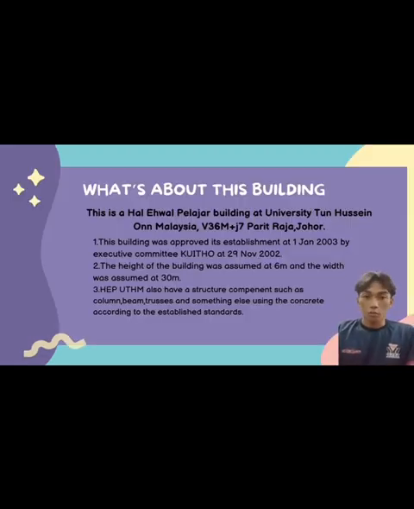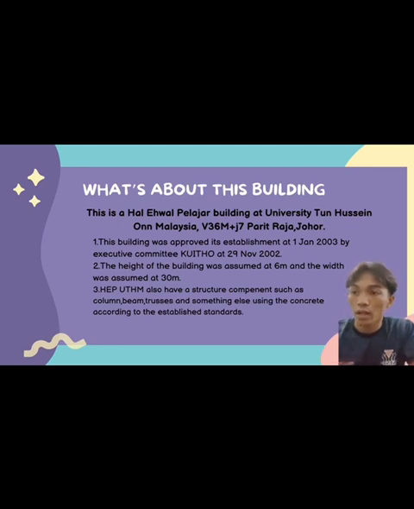So what's about this building? This is the Hal Ehwal building at Universiti Tun Hussein Onn Malaysia. The location is at Parit Raja, Johor. This building was approved for establishment on 1 January 2003 by the Executive Committee meeting on 29 November 2002.